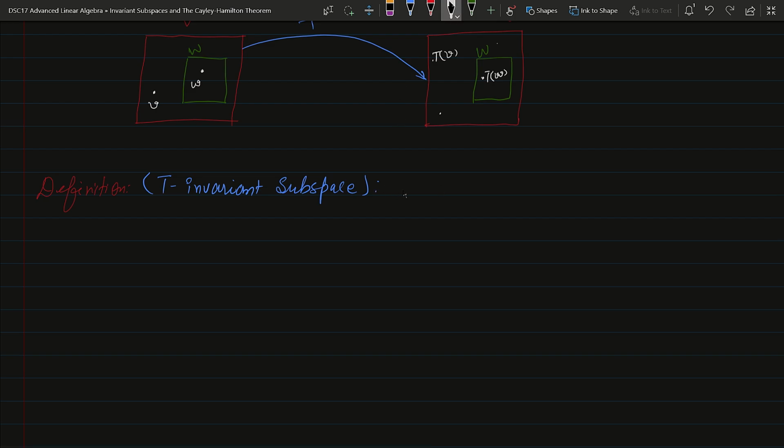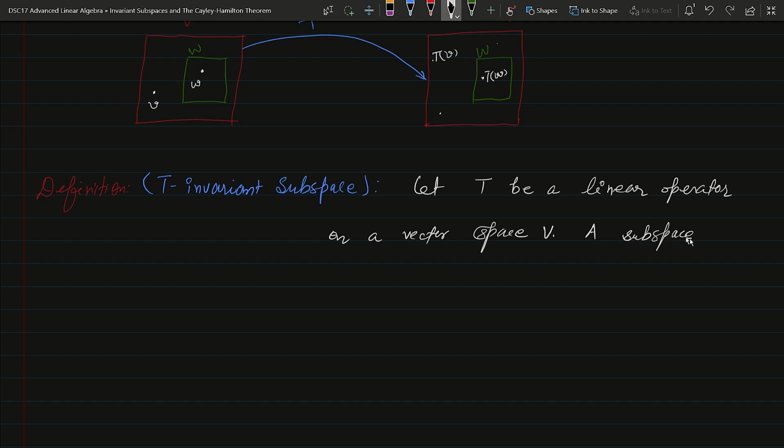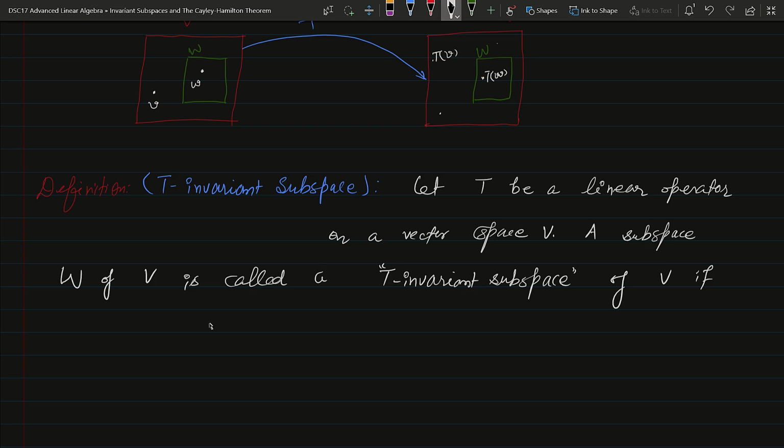Let T be a linear operator on a vector space V, then a subspace W of V is called a T invariant subspace of V if T of W is contained in W itself.